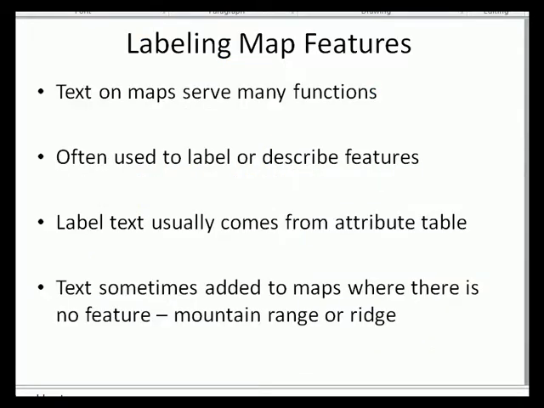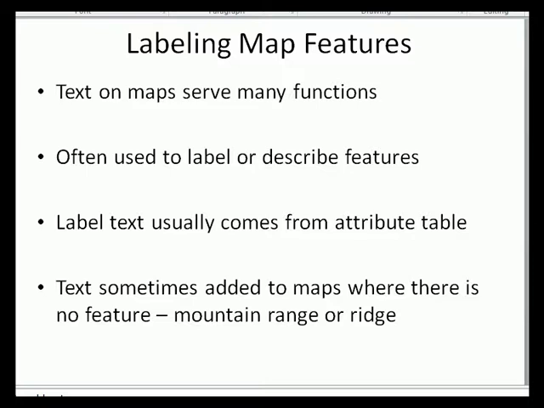So, labeling map features. Text can serve many different functions on maps. We often use text to label or describe a feature, like the name of a town. We label features with text from attribute tables often.